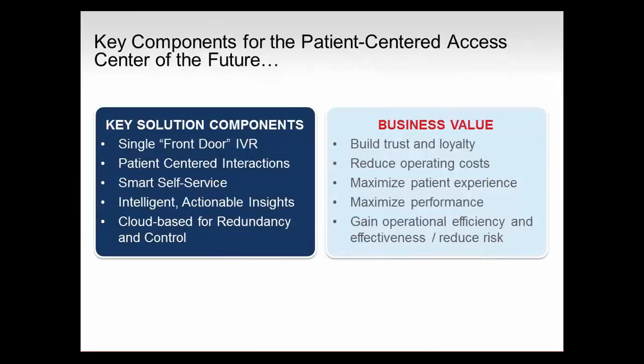So when we think about patient-centered interactions, other things that you might want to look at are, how do you leverage self-service? Once you've identified who that caller is, how can you then start to drive some additional self-service and take some of those less complex transactions off of your access center agents and move them into automation?